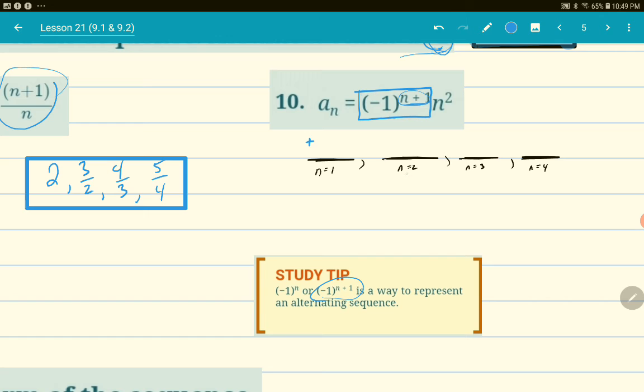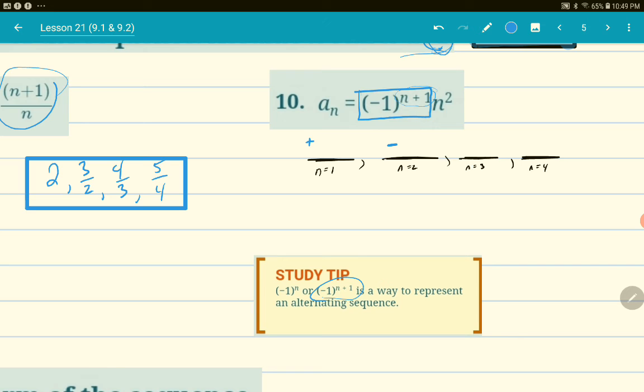When n equals 2, I'm going to have a 3 in the power here, which means that's odd. So a -1 to an odd number is negative. So I'm going to have a negative there.